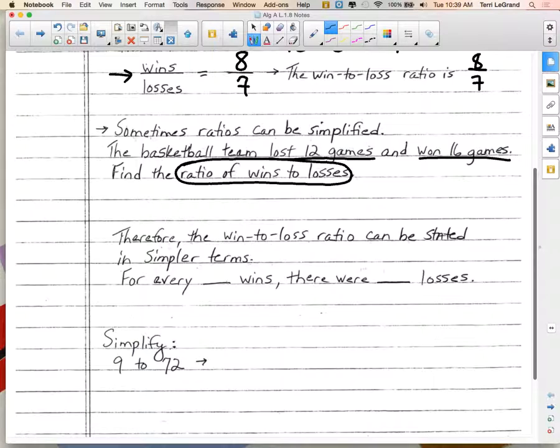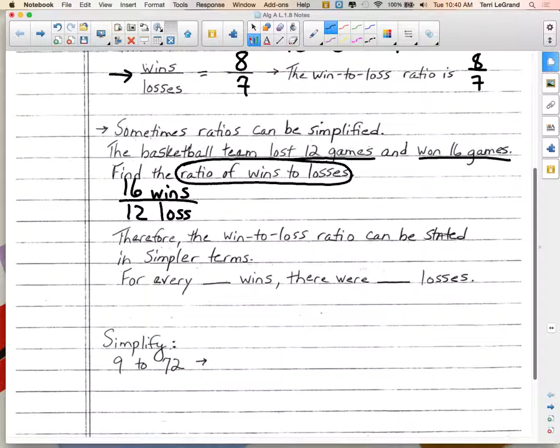By the way, let's use labels in our first setup, okay? Somebody give me the ratio that they've set up on their paper. What did you put down? Share with me. 16 wins over 12 losses.